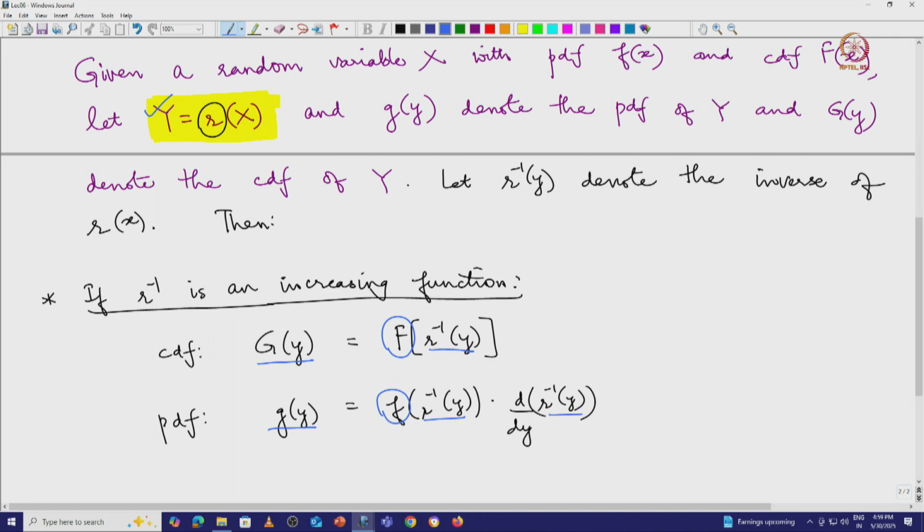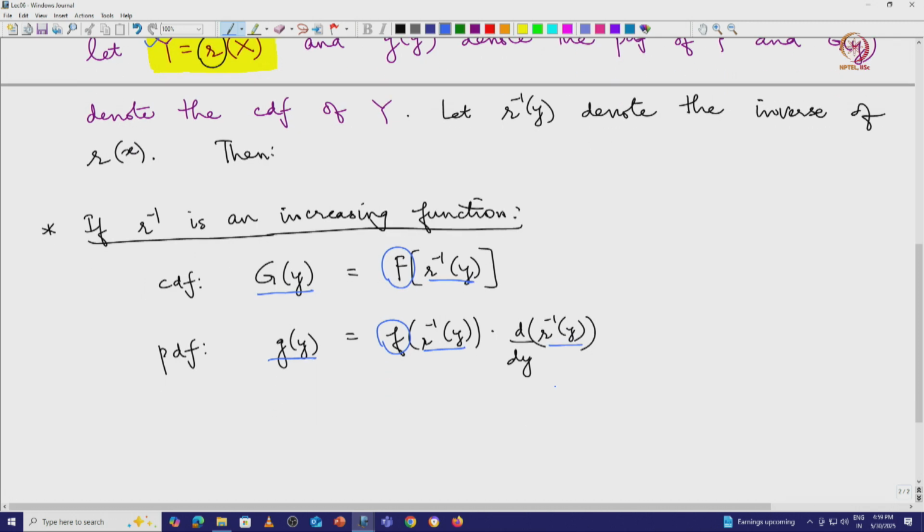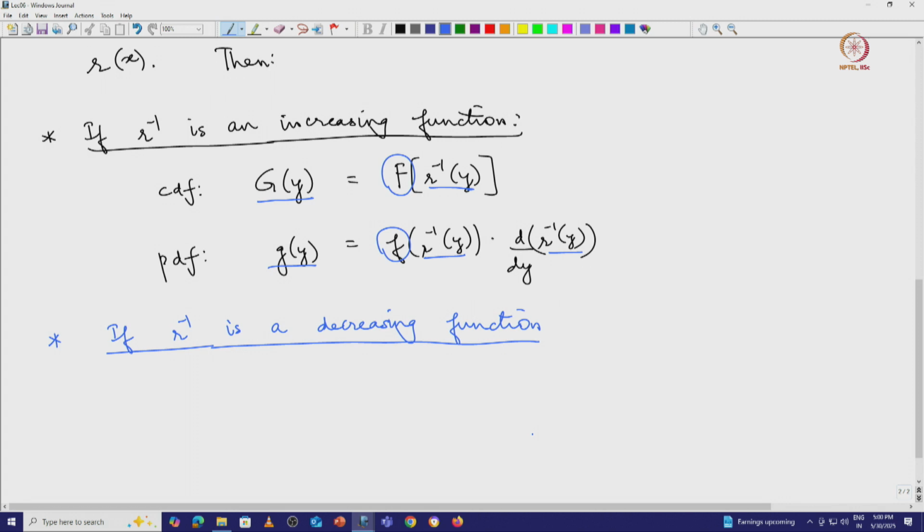So, this is quite straightforward if you know the meanings of these concepts, and like I said, if you feel that you need more time to absorb this, you are free to refer to any probability and statistics textbook. Now, moving forward, if r inverse instead of an increasing function is a decreasing function, okay, then there is a small change in how you can find out the CDF and the PDF.